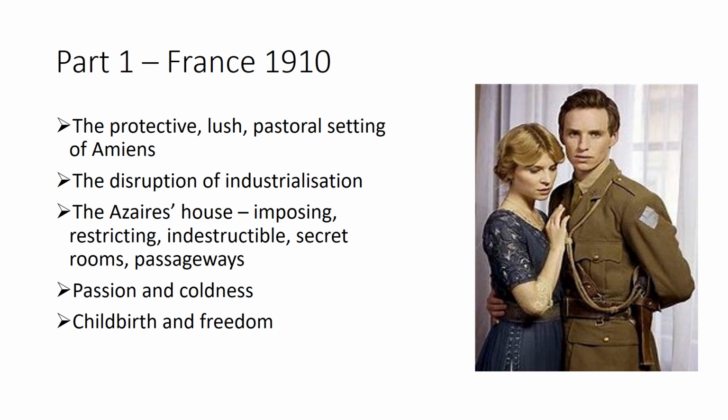We return to Amiens, but as part of the war in 1914, 1915, and the place has changed significantly. Consider how industrialisation is infringing upon this naturalistic setting and the effect of that.